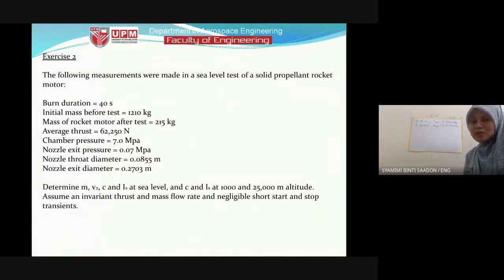Okay, so we want to calculate the effective velocity at a different altitude than sea level, because we already have the exhaust velocity just now, the VE. So at a different altitude, we just have to include the pressure force, the second part of the thrust force equation.